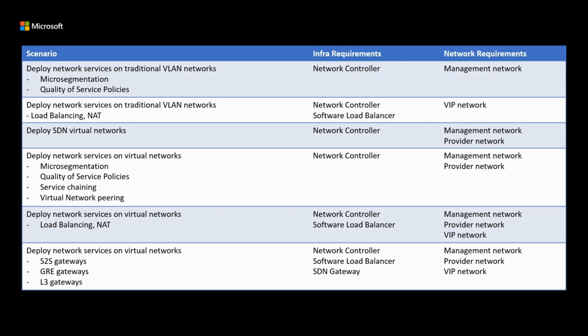Again, the management network, which you already have because you've deployed HCI, the provider network, which is where all of our VXLAN encapsulation is going to take place, and then the VIP network, or the virtual IP network, which is where we're going to pull from there for our load balancing services. So it's really an a la carte approach that we tried to ensure was easy to use, and you could use certain components when you felt it was best for you.